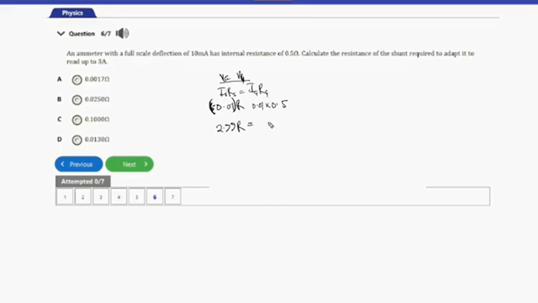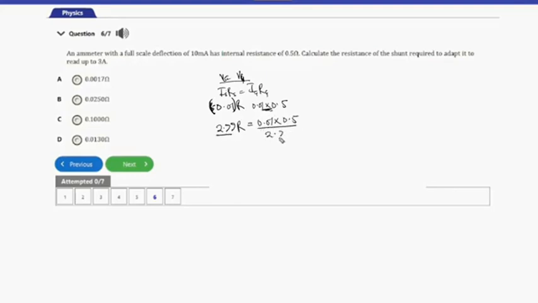So IR for the galvanometer or ammeter is given, and it should also be equal to IR for the shunt. So in that case, the R for the shunt will now be IR for the galvanometer over the I for the shunt, which is 2.99.